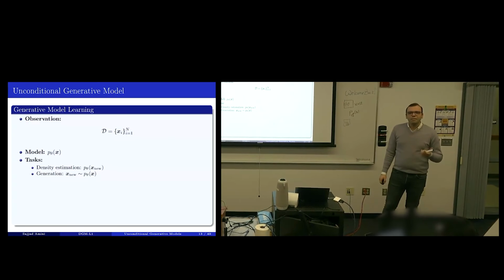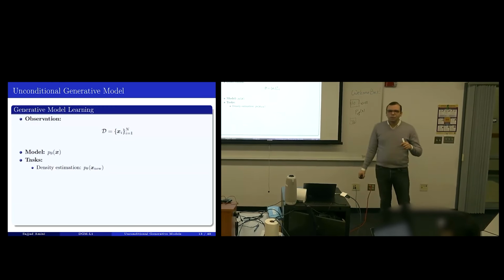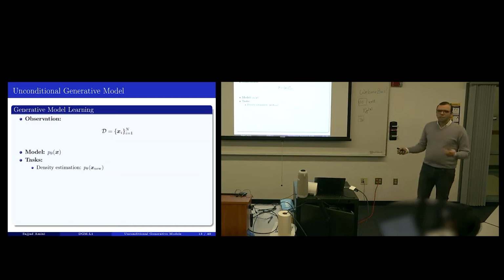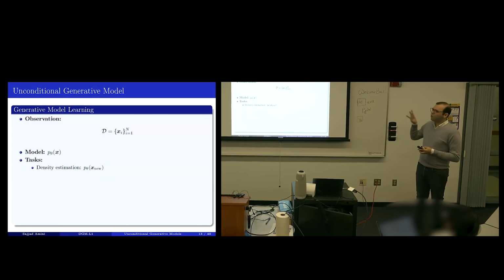How can this be used in real-world applications? Can you give an example in the real world where we can use density estimation? Maybe you are familiar with outlier detection or anomaly detection. Yes, anomaly detection is really this task. For example, you are in a factory and you have images of their product.